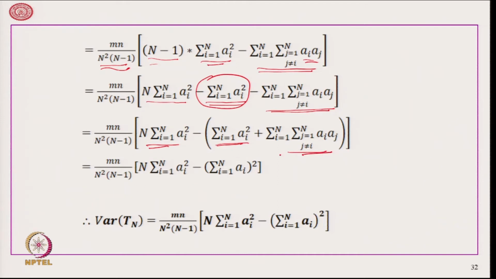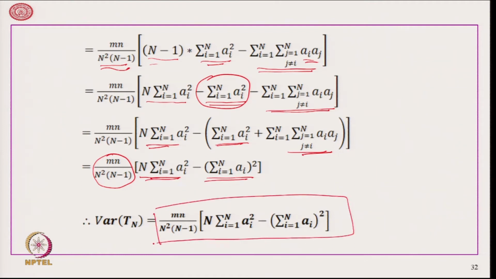This is nothing but Σ a_i whole square. Therefore, the whole thing boils down to m n upon N square into (N − 1) multiplied by [N Σ a_i square minus (Σ a_i) whole square], and thus we get the result for the variance.